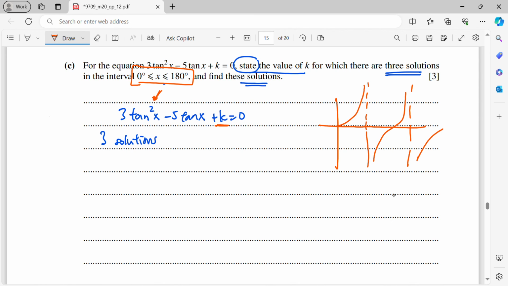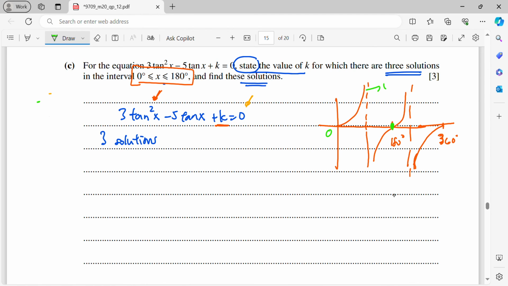Alright, I just simply sketch. This is 360. This is the tangent graph. Here is the half of the graph, 180. When here is 0, I'll get 0 and then 180.